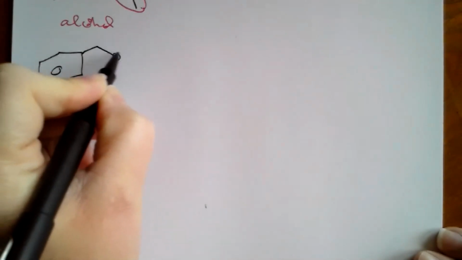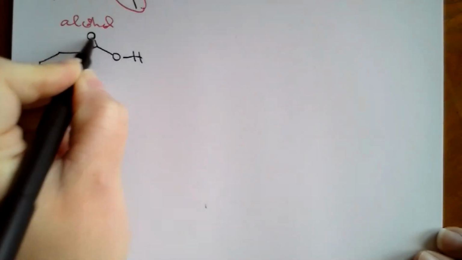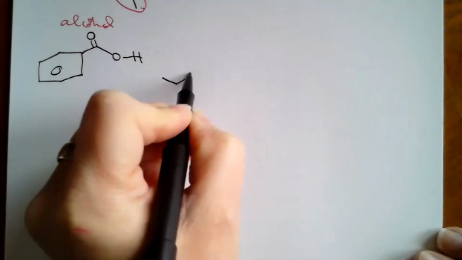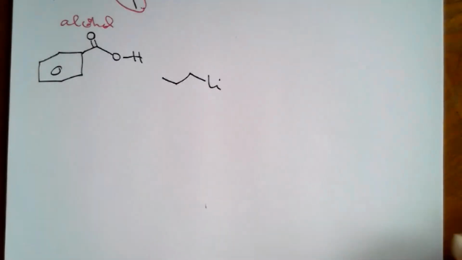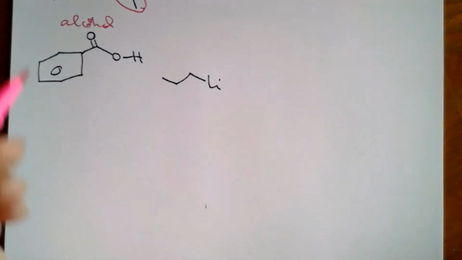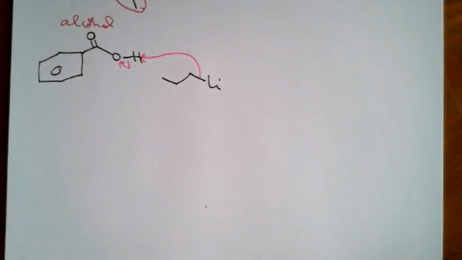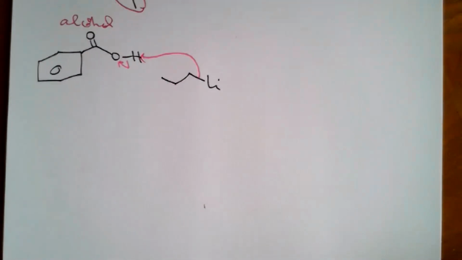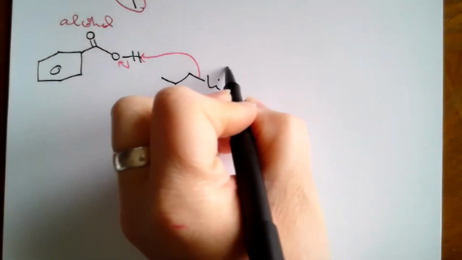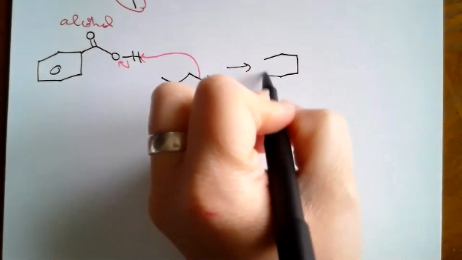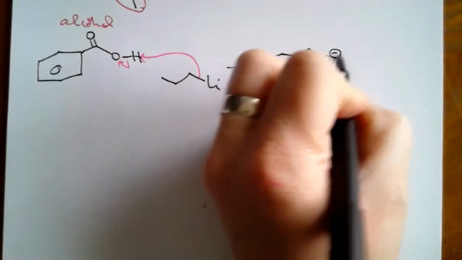Organolithiums reacting with a carboxylic acid. Organolithiums are strong bases, just like Grignards. They're even stronger bases than Grignards. Attack the hydrogen of your carboxylic acid to make this carboxylate.